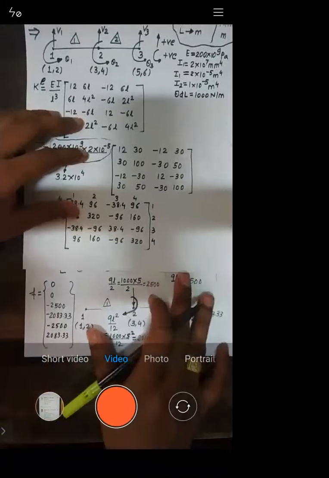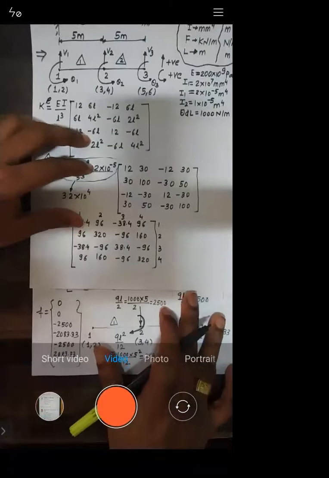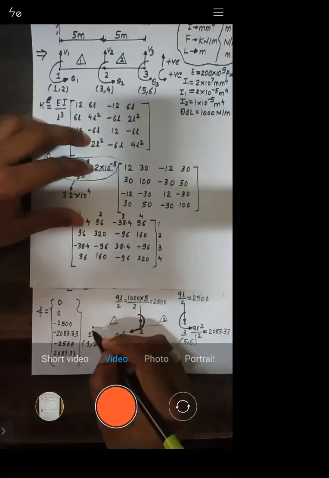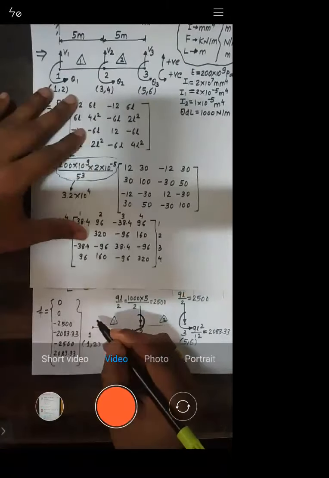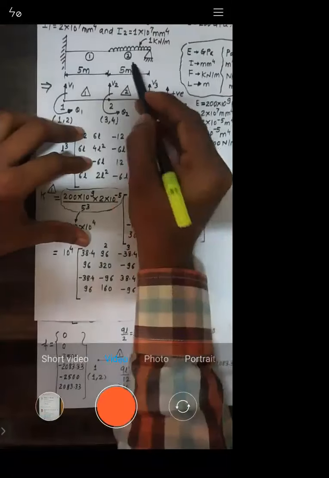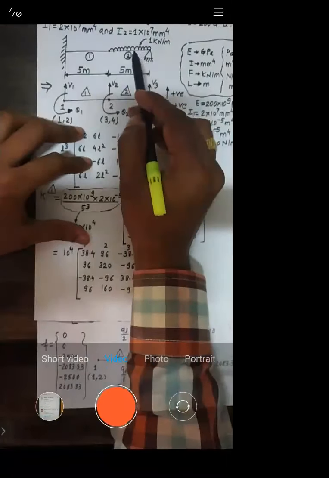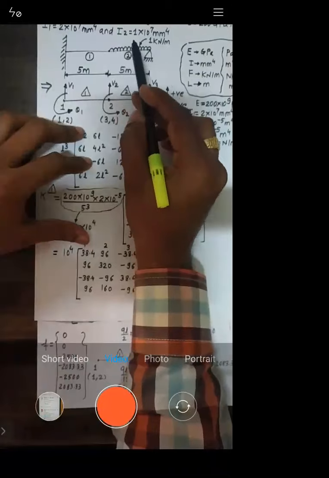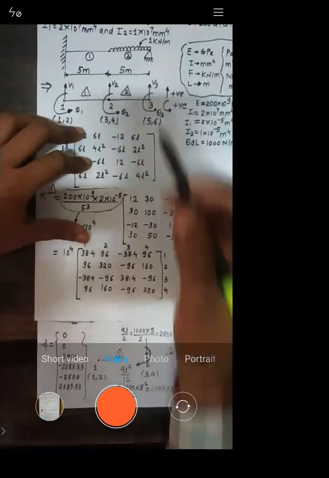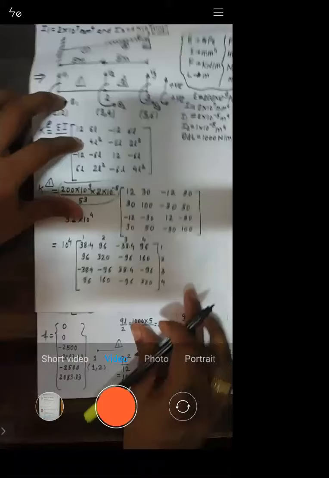How did I get it? Look at node number 1. Is there anything? No, because you have the uniformly distributed load only on element number 2, which you have converted into point load on node number 2 and node number 3.